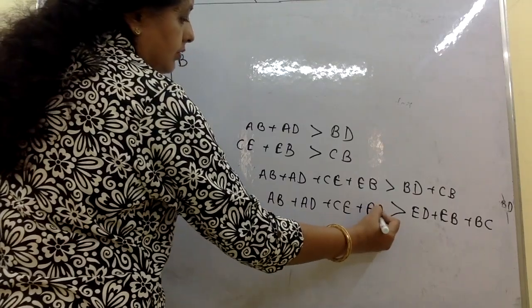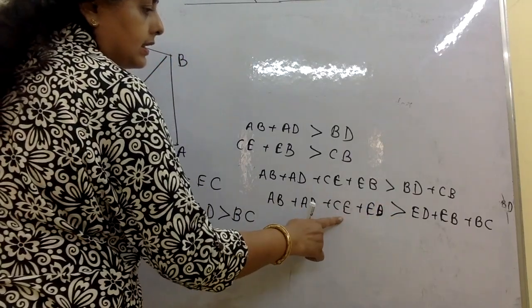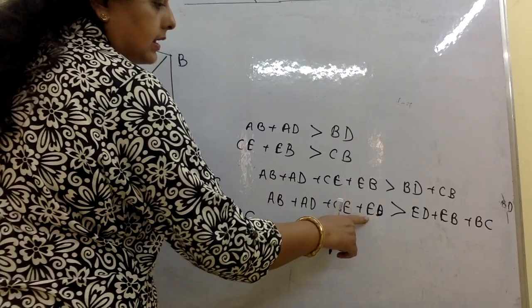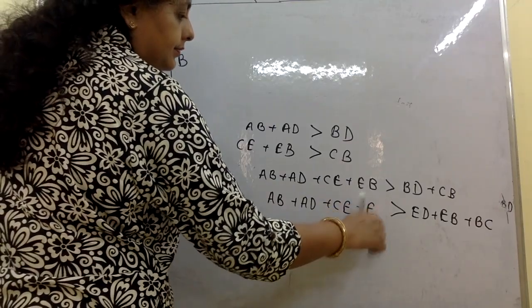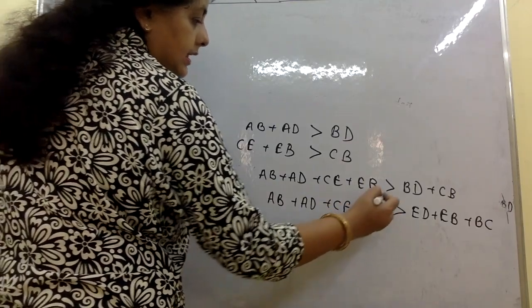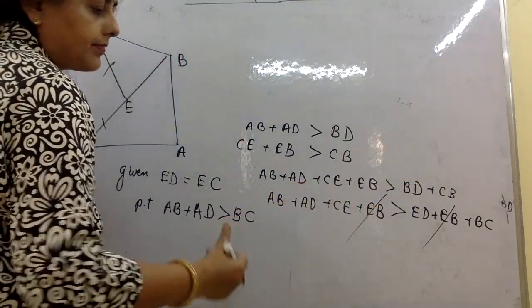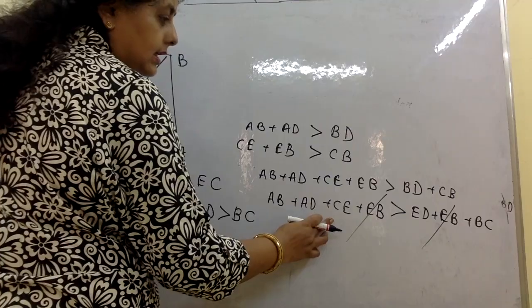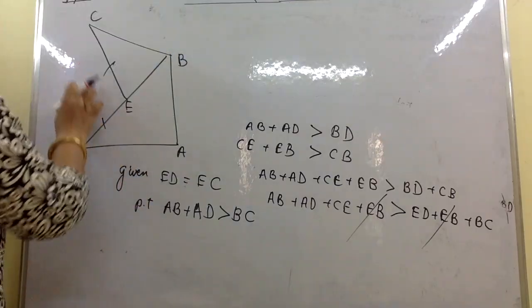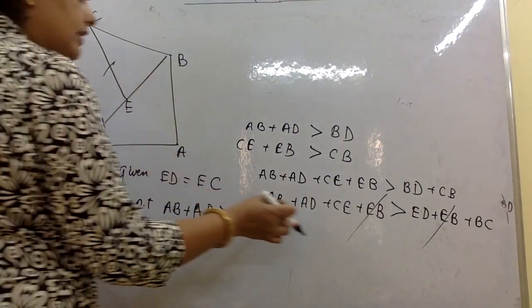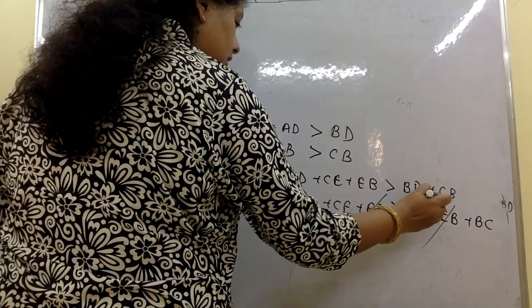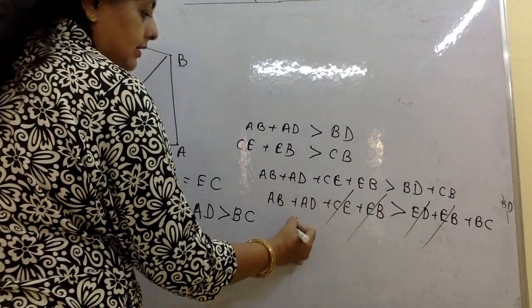Now look here. I have EB here, I have EB here, so it gets cancelled. Then CE is equal to ED, so if I have CE on one side and ED on the other, they are equal and that also gets cancelled.